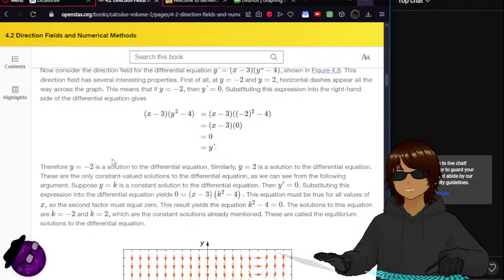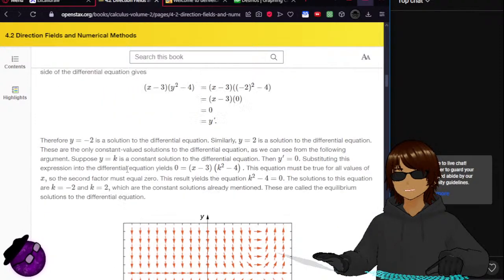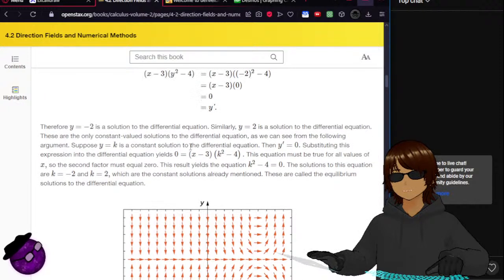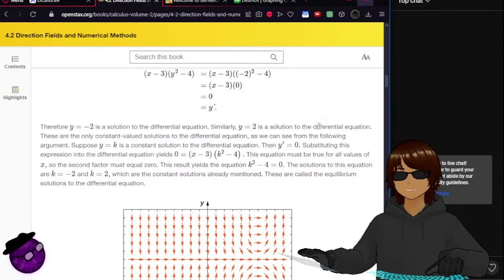Because if y is equal to negative 2, then the derivative would be 0. By solution, they mean where the derivative is 0. Similarly, y is equal to 2 is a solution to the differential equation. These are the only constant value solutions to the differential equation.